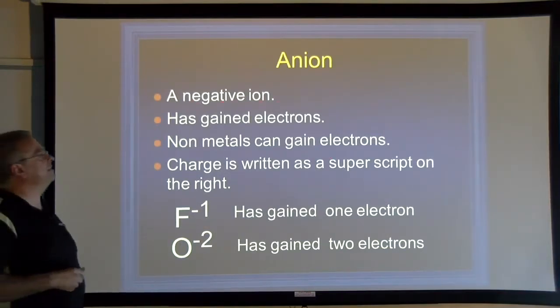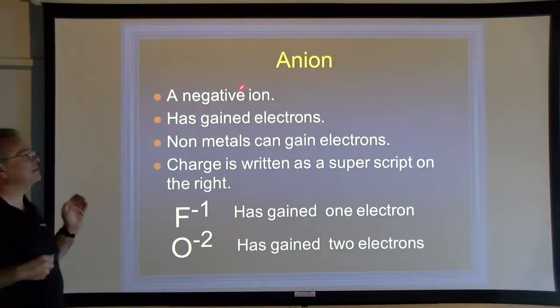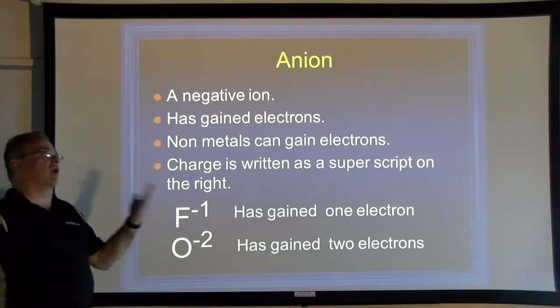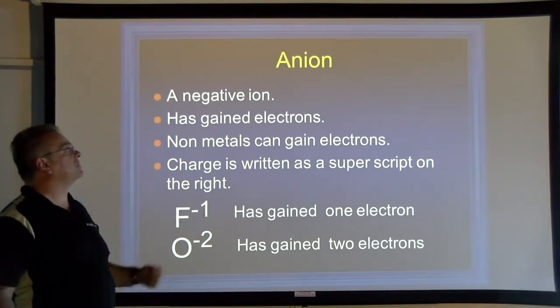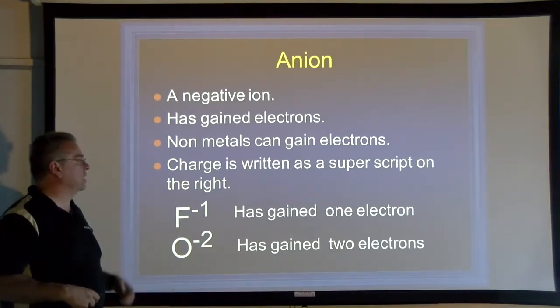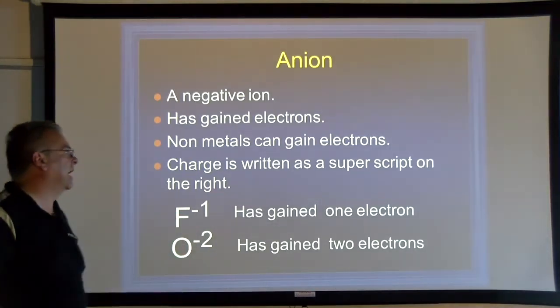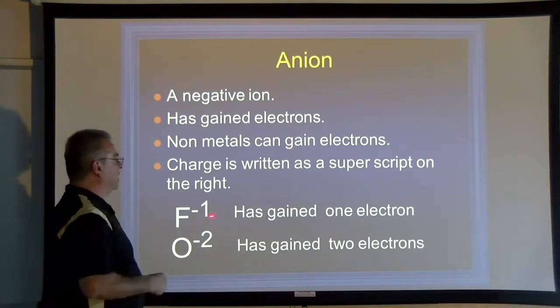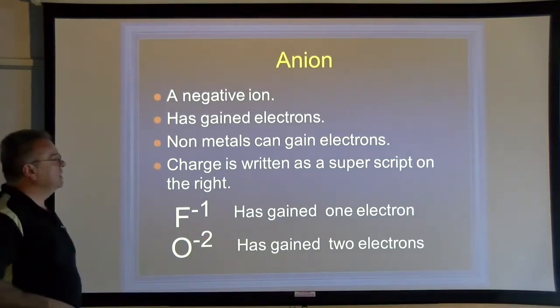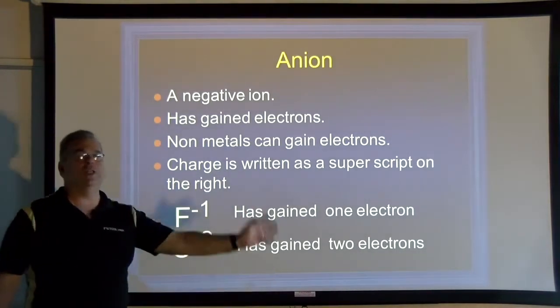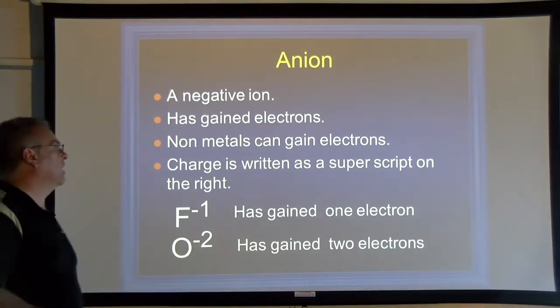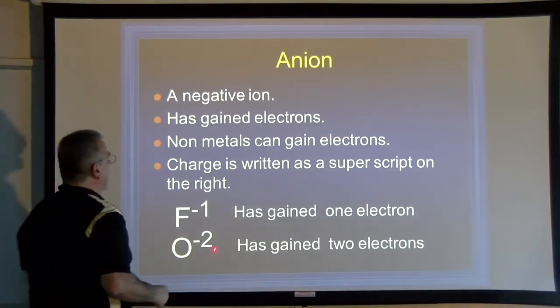Again, the anion is the negative ion that has gained electrons from a metal, for example. A nonmetal would draw the electrons away from a metal, so a fluorine atom would become a fluoride ion. It gained one electron and now has a -1 charge. Oxygen atoms would gain 2 electrons and become the famous oxide ion.